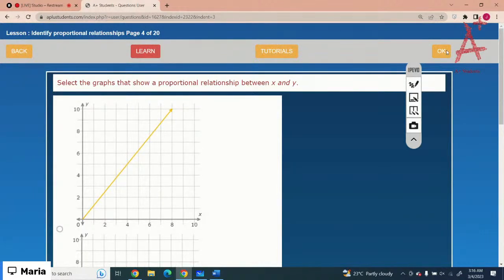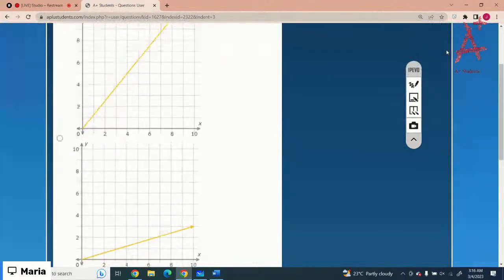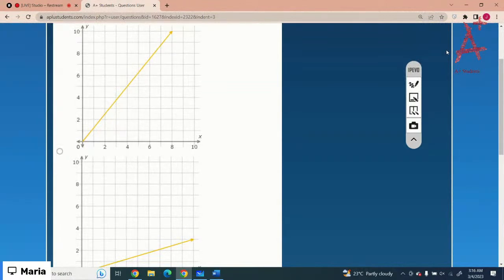Okay, select the graph that shows a proportional relationship between x and y. So which is the correct option? Option 1 or option 2? So which is the correct option? That is option number 1.